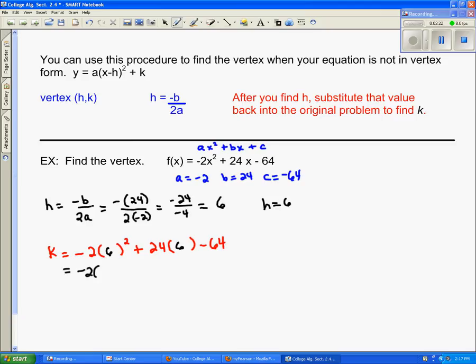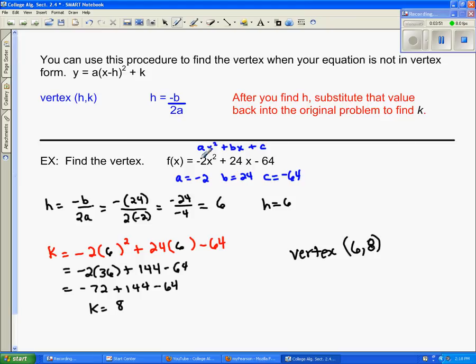So negative 2 times 6 squared, which is 36. 24 times 6 is going to be 144. Minus 64. Negative 72 plus 144 minus 64. All of this is going to be 8. So k equals 8. Our vertex is the ordered pair (h, k). So it's (6, 8). So that's how to find the vertex when this isn't in vertex form.